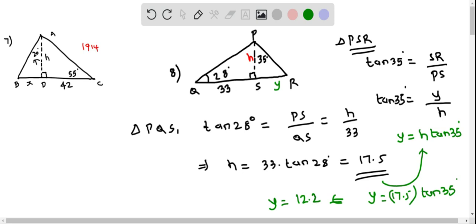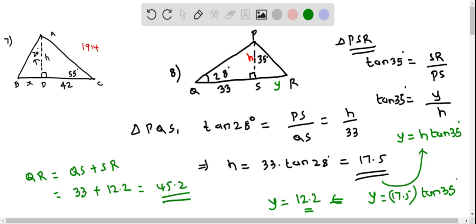Now we have found the height as well as y, so we can calculate the area. First let's calculate the base QR, which equals QS plus SR. QS is 33 plus SR is y, which is 12.2. When we add these two, we get 45.2. This means the base of the triangle is 45.2.